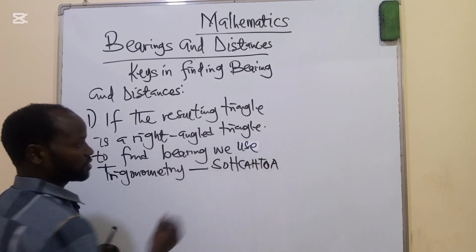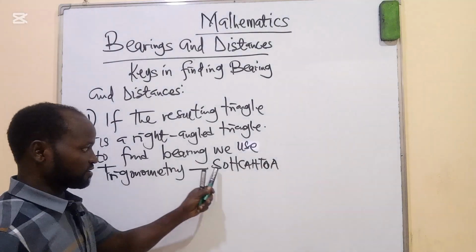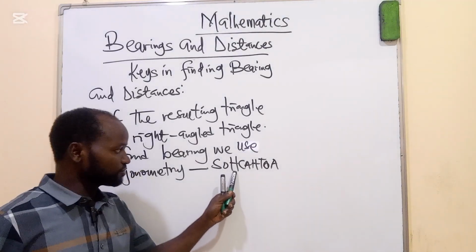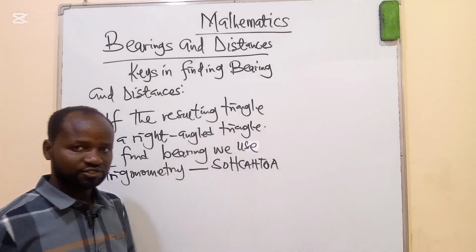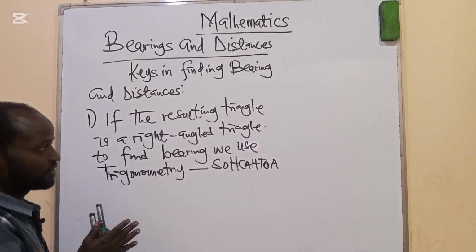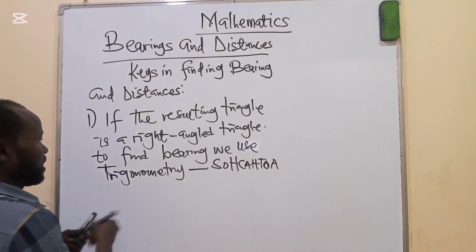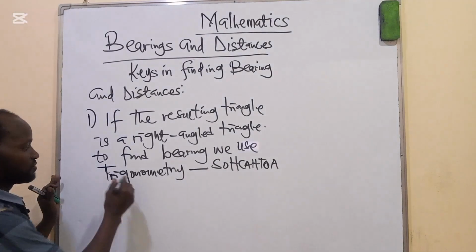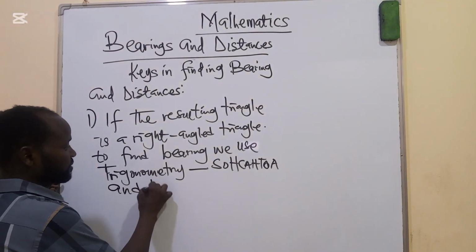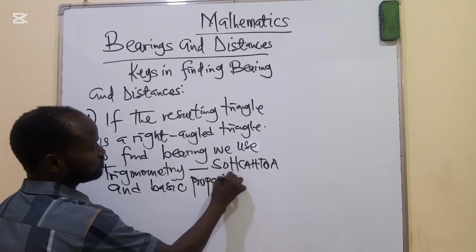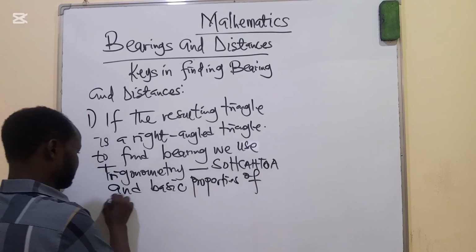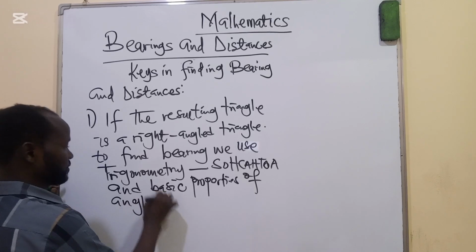We use SOHCAHTOA. That's sine opposite over hypotenuse, cos adjacent over hypotenuse, tan opposite over adjacent. We use this knowledge to find bearing, and basic properties of angles.